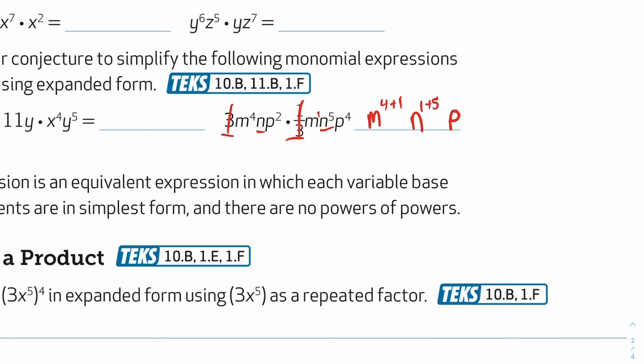Then we're going to multiply by p squared plus 4. The first one has 2 p's. The second term has 4 p's. So we're going to add those together. Let's add these exponents now to get m to the 5th, n to the 6th, p to the 6th power. And this is the final answer.